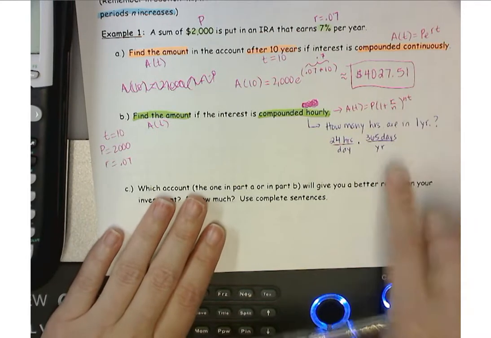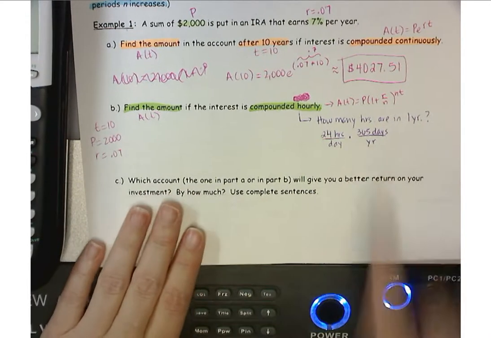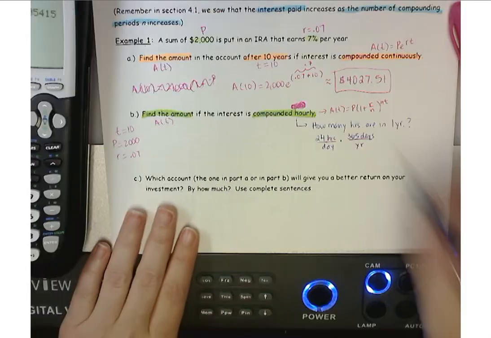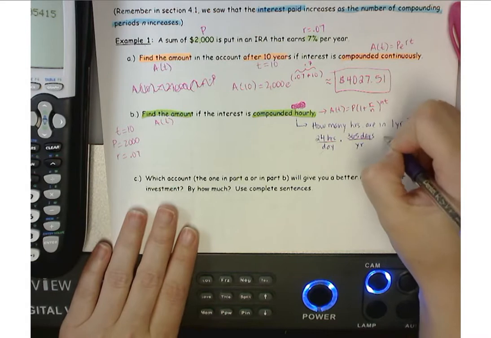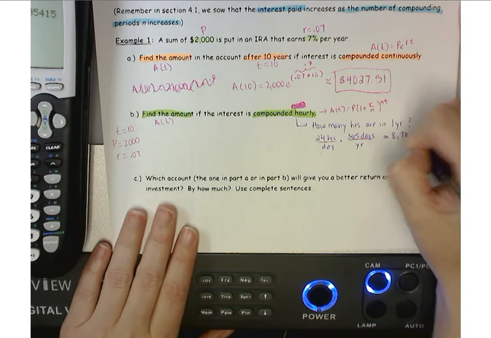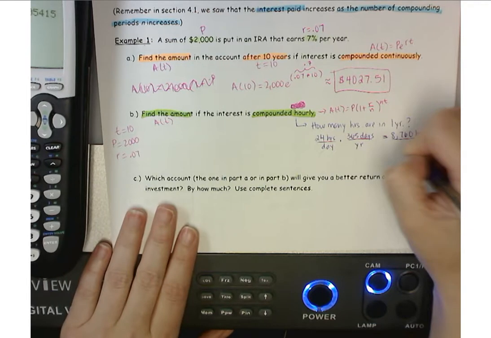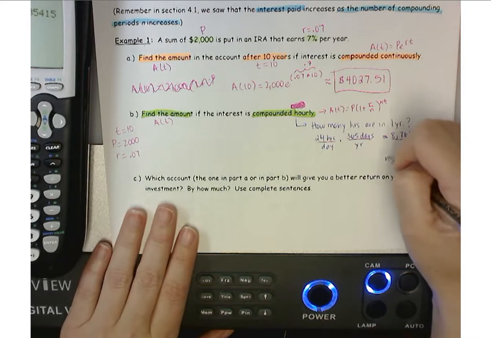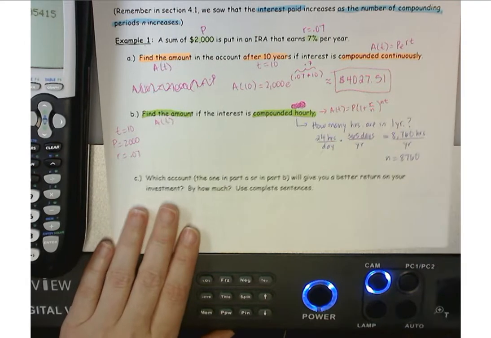Do you guys remember these from chemistry? Okay, like the day and the day cancel out, so then we multiply them together, and how many hours are in a year? 8,760 hours per year. So then that is going to be your value of n.